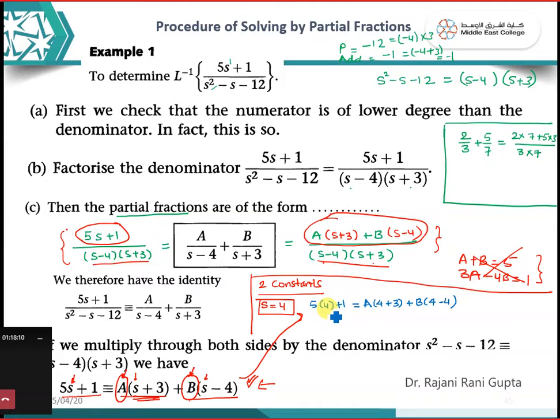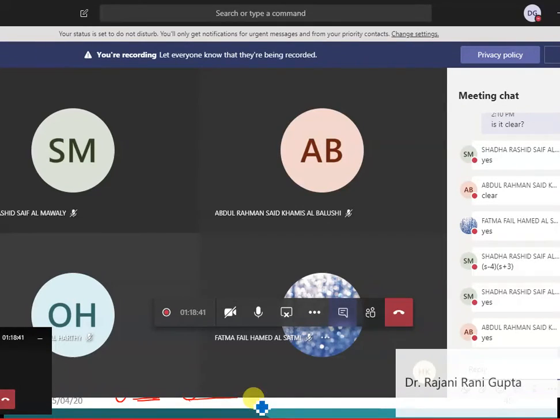So 5 times 4 is 20, 20 plus 1 is 21, equal to 4 plus 3 is 7, I can write 7a. 4 minus 4 becomes 0, so this total term becomes 0. So this gives me directly the value of a: 21 equal to 7a, I'll divide both sides by 7. So this gives me a is equal to 3. I got the value of a as 3. Clear? I hope up to here it's okay with you.